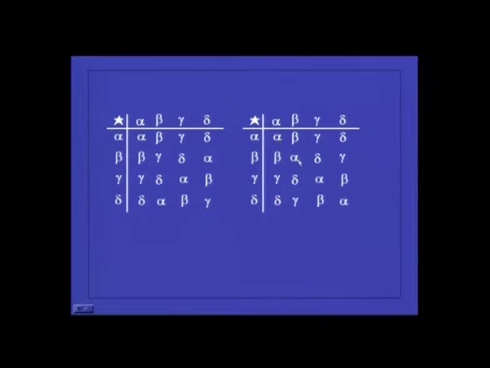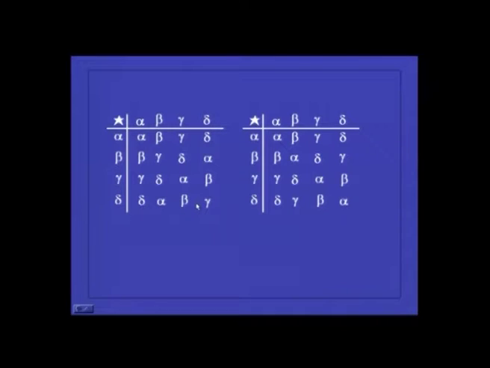That is why you have alpha, alpha, alpha, alpha on the diagonal. Now, looking at the diagonal, you see that these matrices are symmetric about the diagonal, and so again these two groups are commutative groups or abelian groups.